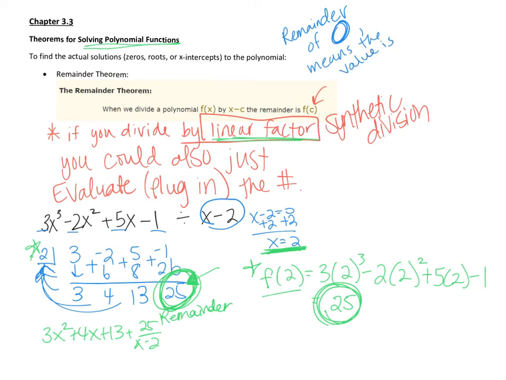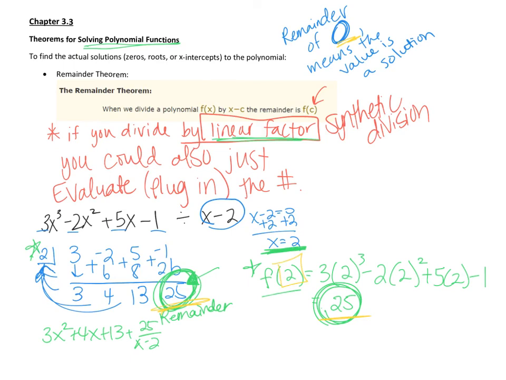For example, if for this problem I had plugged in the 2 and my remainder was 0, then I would say 2 is a solution for that polynomial. So if I either do synthetic division or I plug in and I get the remainder specifically to be 0, then the number that I plugged in would be a solution.